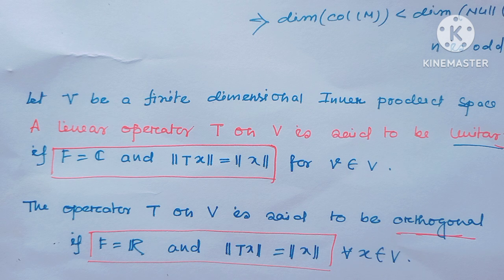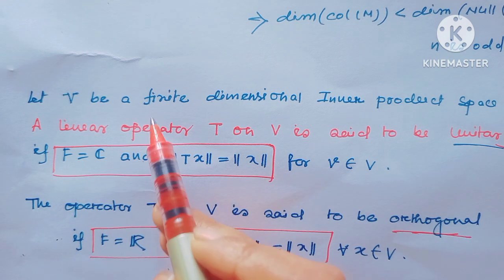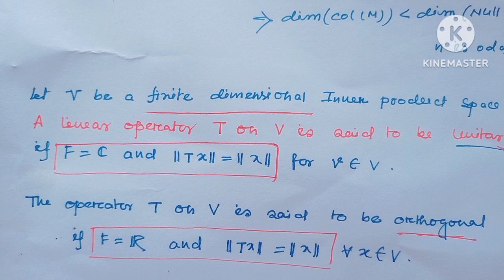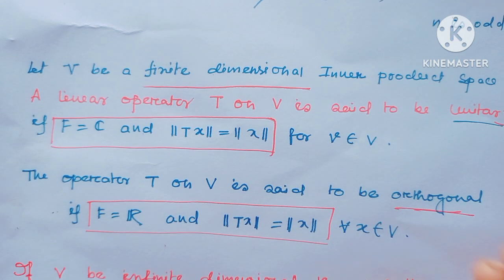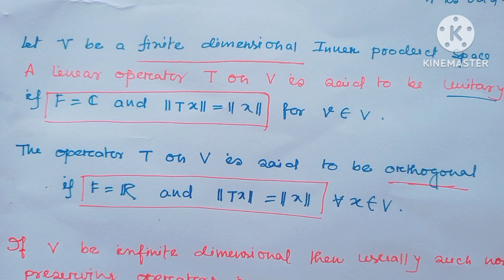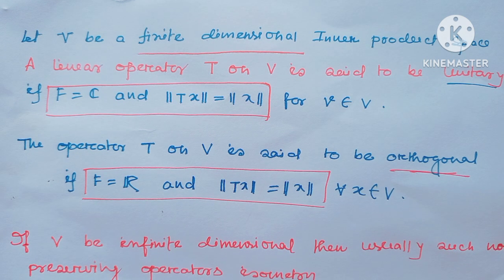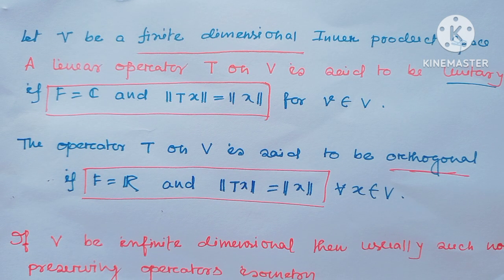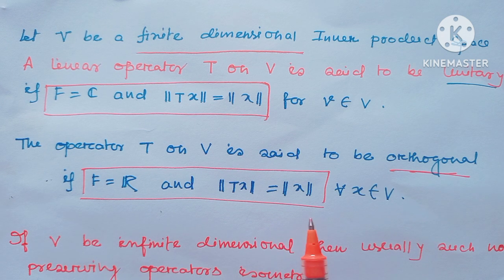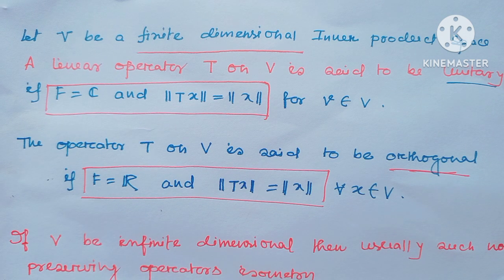This is true for all x belongs to V, and this is true in a finite dimensional inner product space. And when the field is the real numbers, then T on the vector space V is said to be orthogonal if norm Tx equals norm x for all x belongs to V.